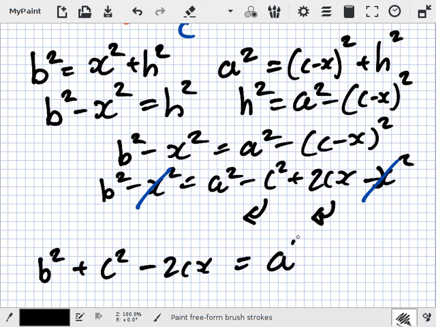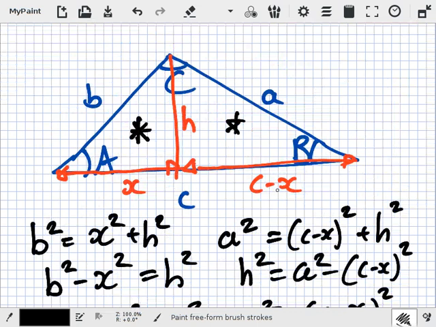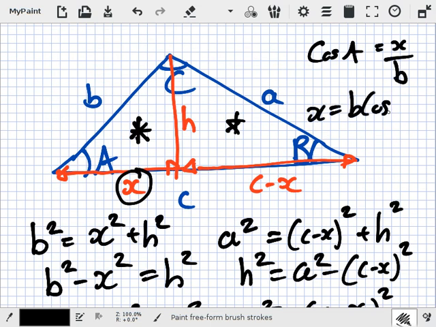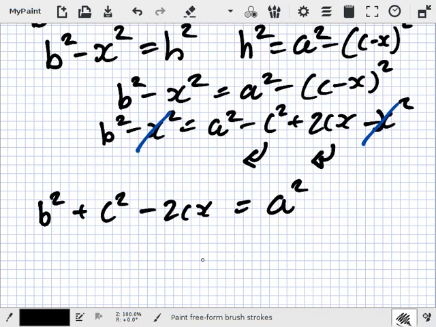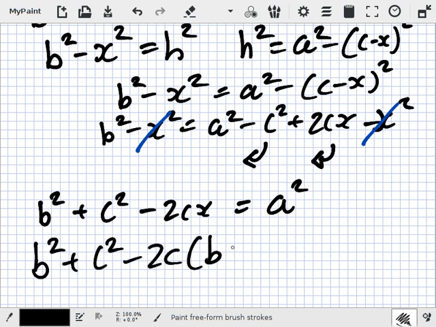Okay. Now if I just go back to this triangle, we need to figure out what the x is. We can say cos A equals x over b. So x equals b cos A. So if I go back now, b squared plus c squared minus 2cb cos A equals a squared.